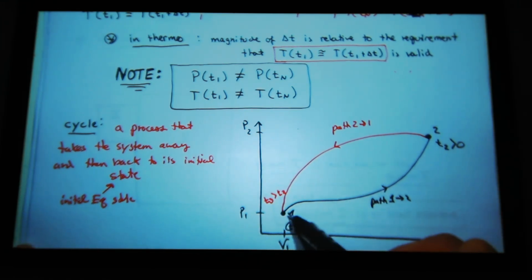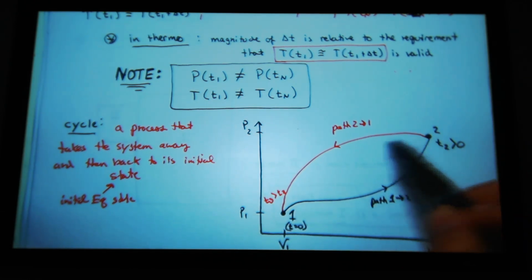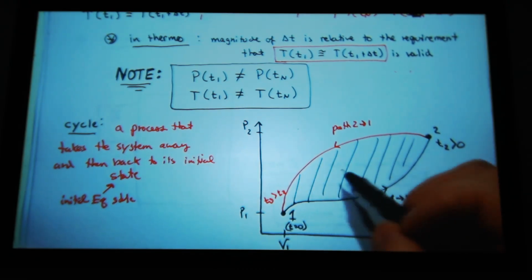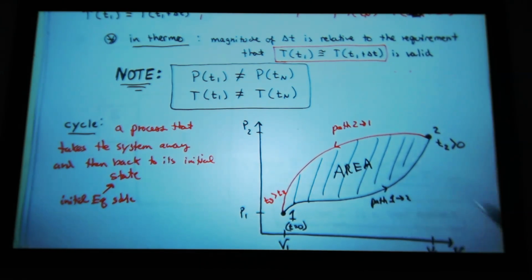So I'm trying to do a better job at focusing on this early on. But so I have a path, I come back, and then I have some area inside this curve. So if I go from state 1 to state 2, I could get another area underneath.